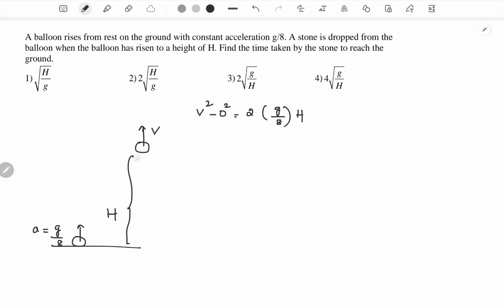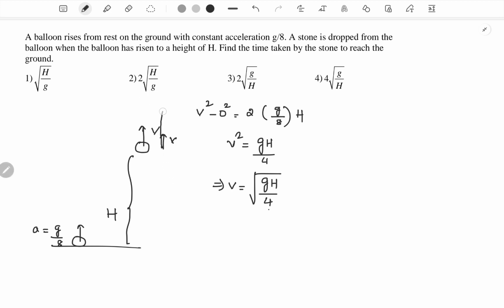So v square is equal to gh by 4. That implies the velocity it would have is root of gh by 4. Now let us try to calculate the time taken by the stone to reach the ground. If the stone was dropped at this particular position, the stone will have the same velocity as the balloon, which is v. So let's try to find the time taken.